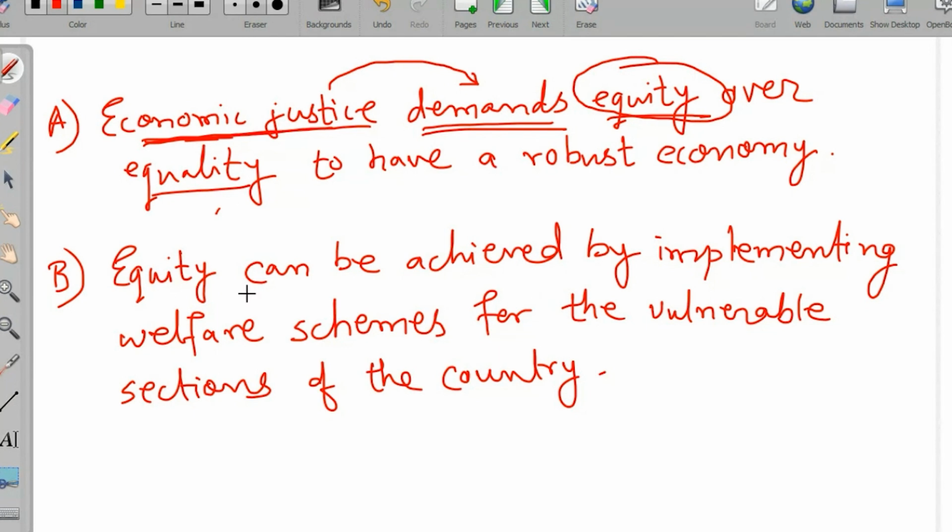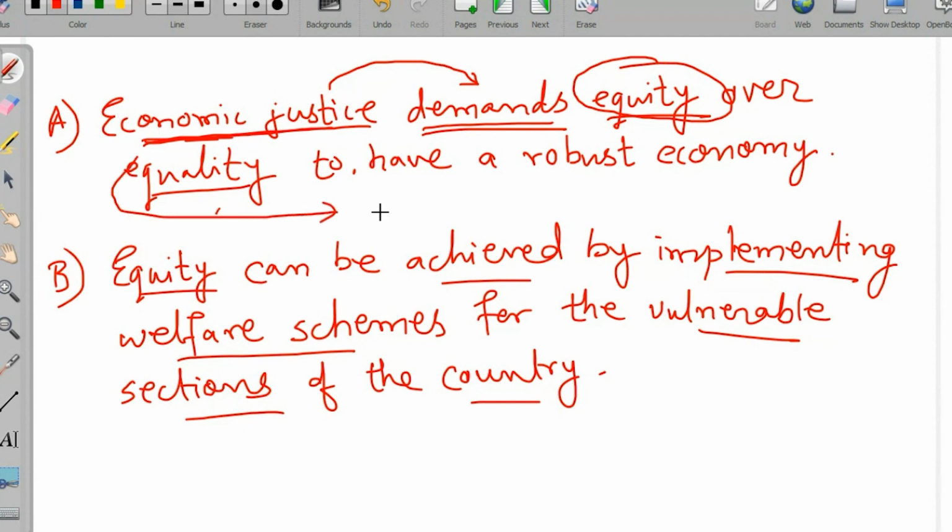And then it is backed in statement B. It is supported in statement B that equity can be achieved. Now how will you achieve it? By implementing or starting welfare schemes for the vulnerable sections of the country. If you bring welfare schemes for the vulnerable sections, then we can achieve equity also. So statement A is generic in nature, or general in nature.